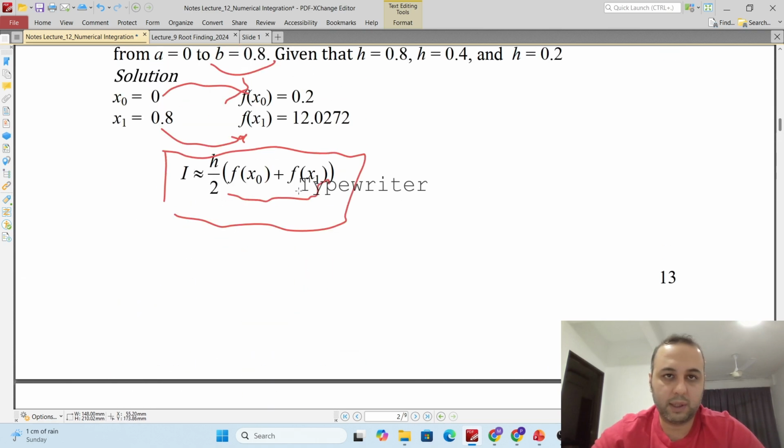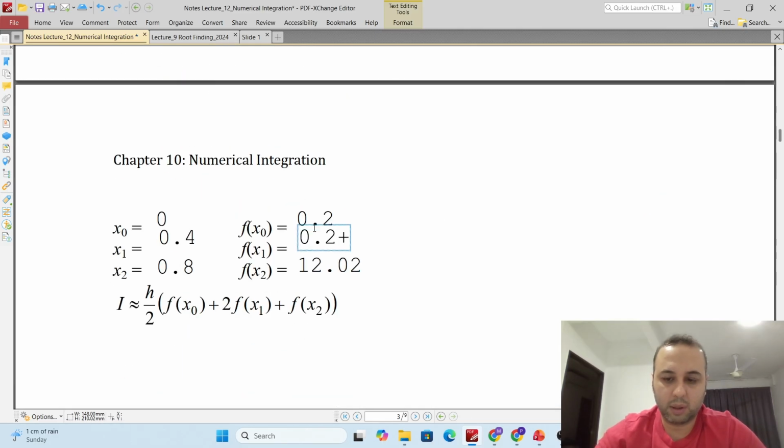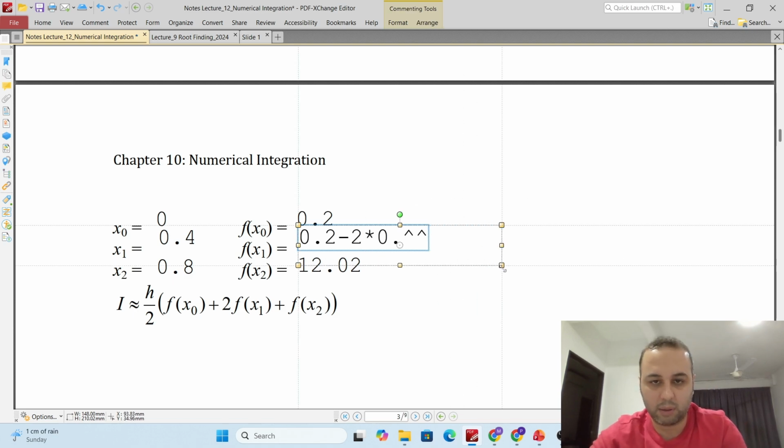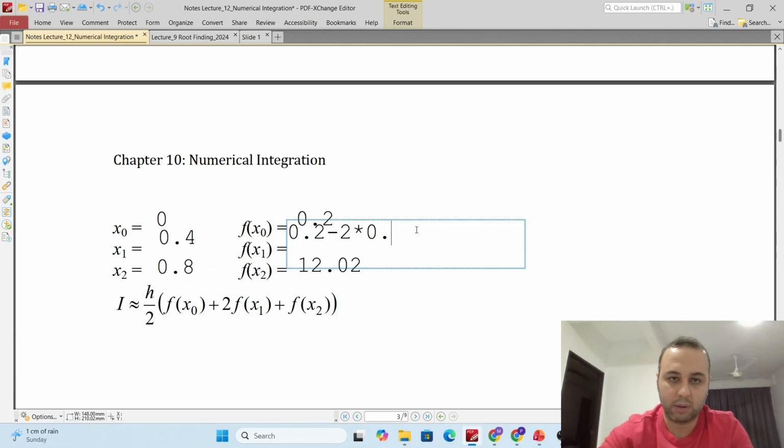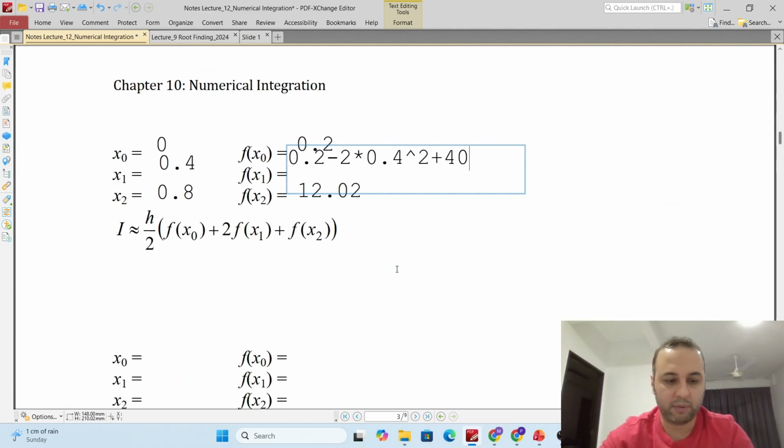And for 0.4 we can measure that: 0.2 plus 25 times 0.4 minus 200 times 0.4 to the power of 2 plus 675 times 0.4 to the power of 3 and so on, up to 400 times 0.4 to the power of 5. Use the calculator.